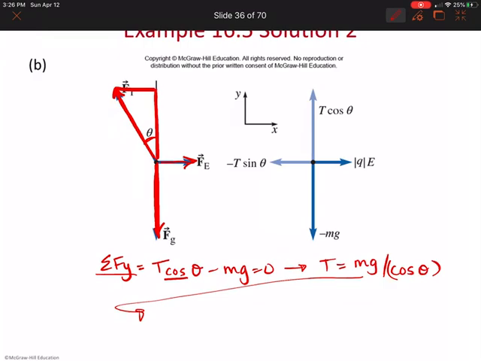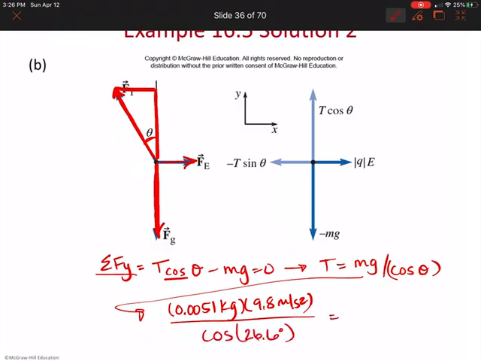So you want to make sure that you get that converted over to kilograms, times 9.8 divided by the cosine of 26.6 degrees gives you 0.0577 newtons. Okay, so that's giving you the tension.